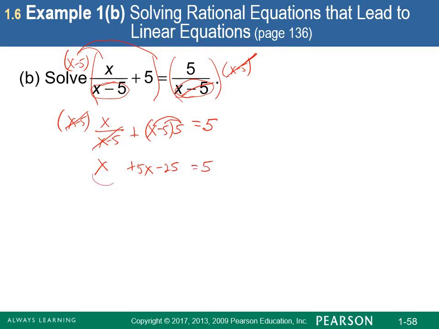So we can put the x's together. We can add 25 to both sides. And finally divide by 6.